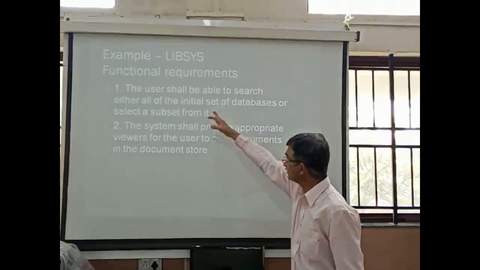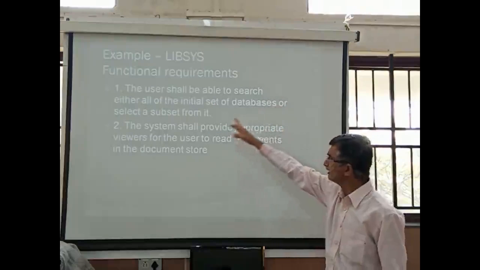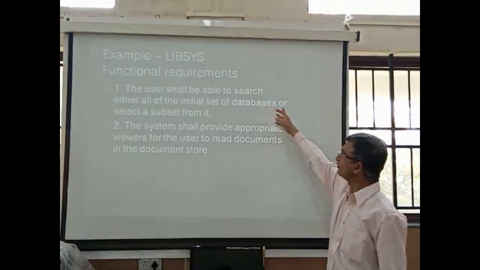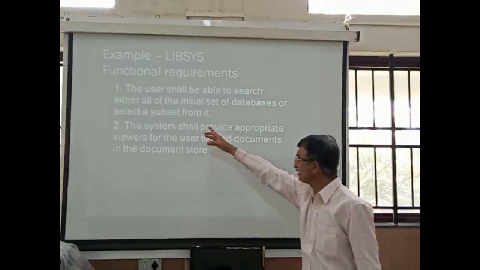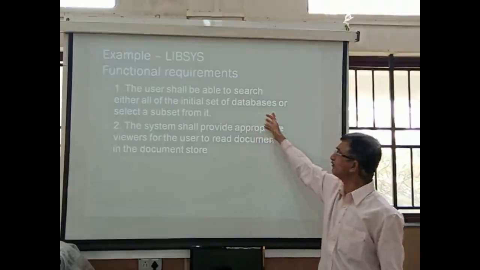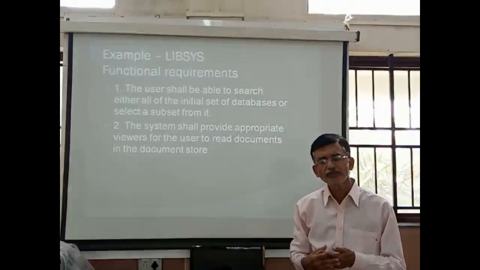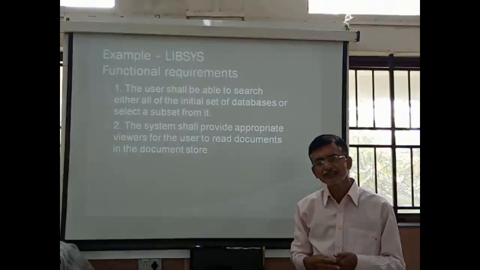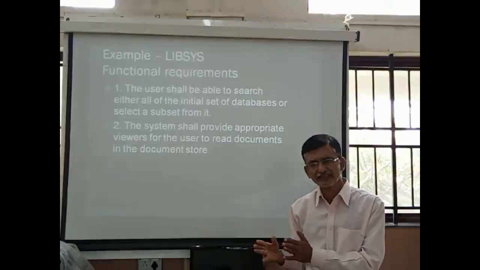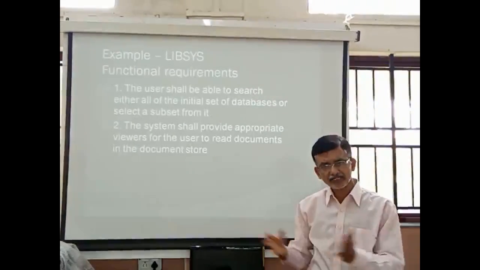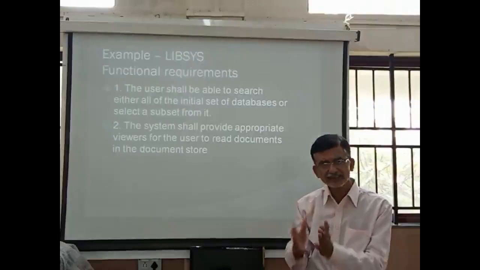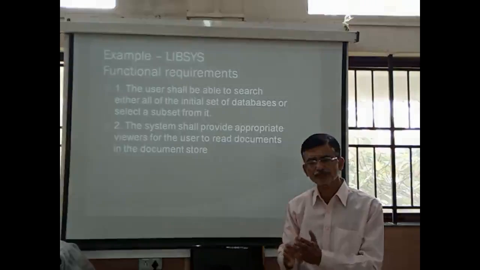In the example of LIBSYS, the functional requirements are: the user shall be able to search either all of the initial set of databases or select a subset from it. So the user should be able to select the initial set of databases available, or if the database is very large, he can search a particular subset.